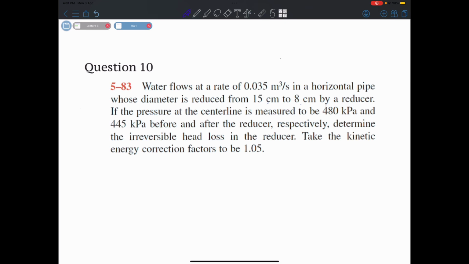So, before we start solving this question, let's write the given values.